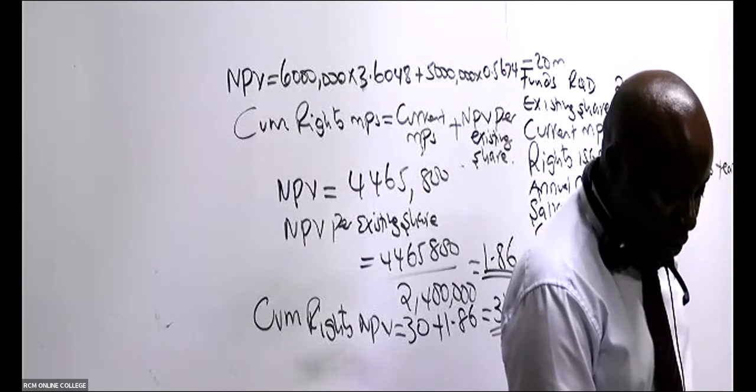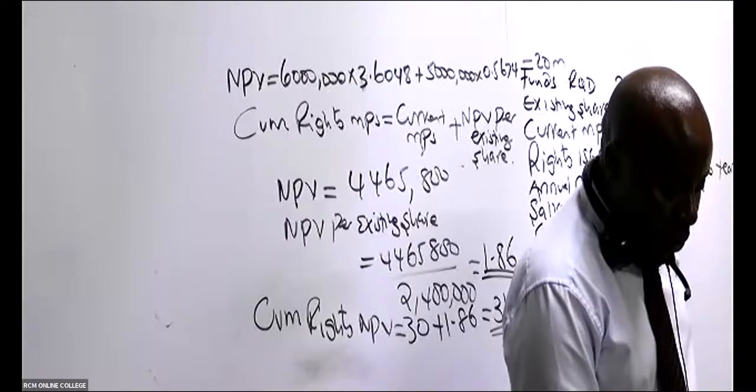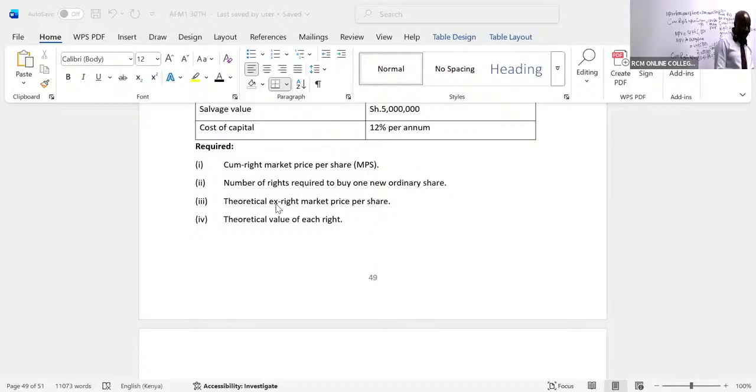So the next question, what do they want us to do really? They want us to give them the number of rights required to buy one new ordinary share. Write it as a title: number of rights required to buy one new ordinary share.